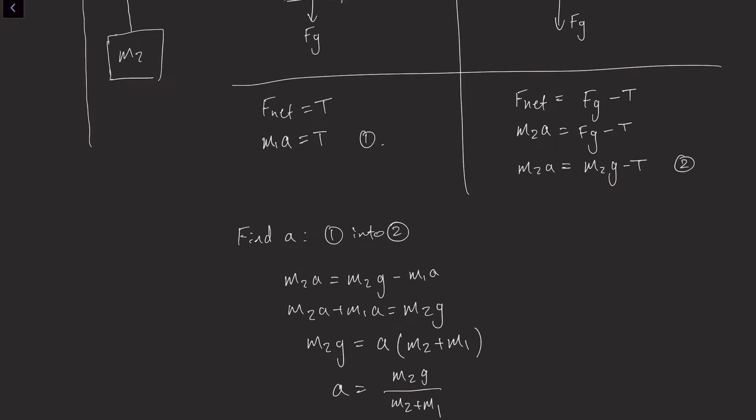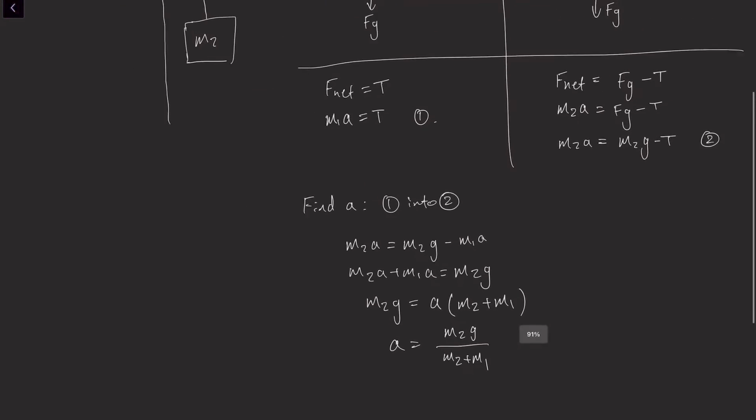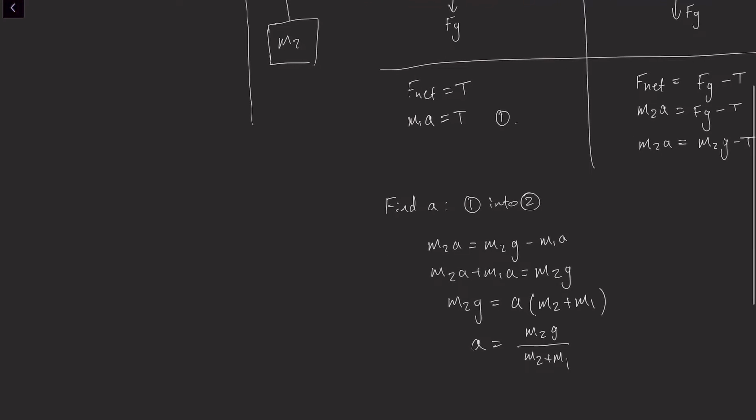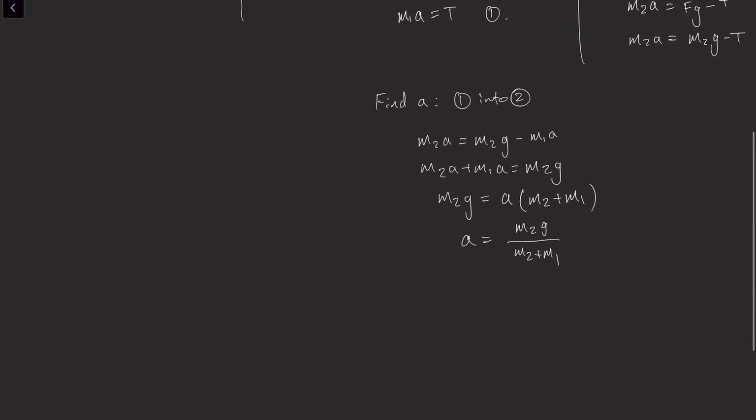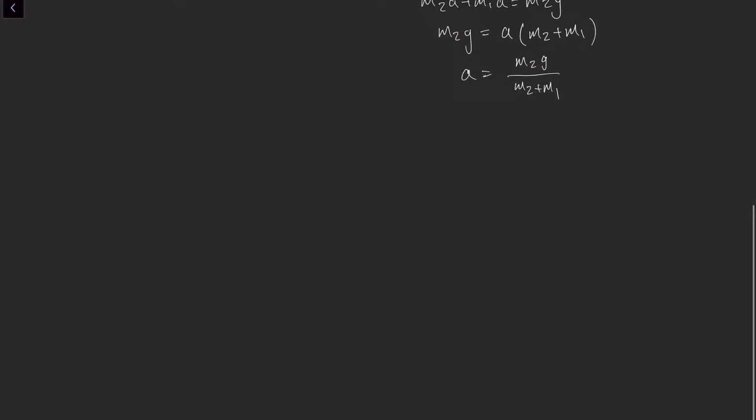It's defined by only that mass. The acceleration of the whole system is based on whatever mass is hanging off. You'll see that this becomes important later in a future problem. So now let's put some numbers in here.